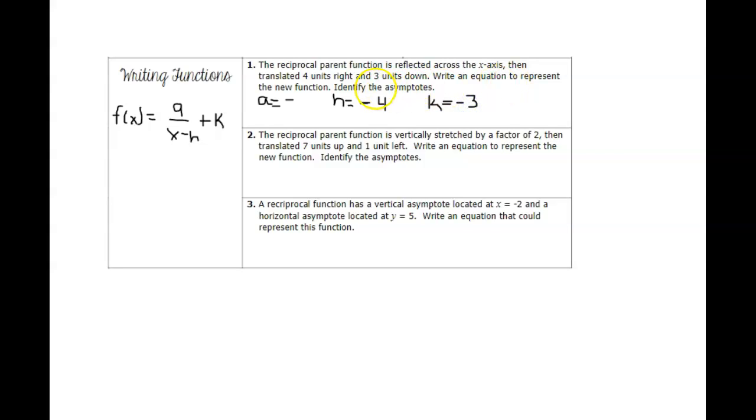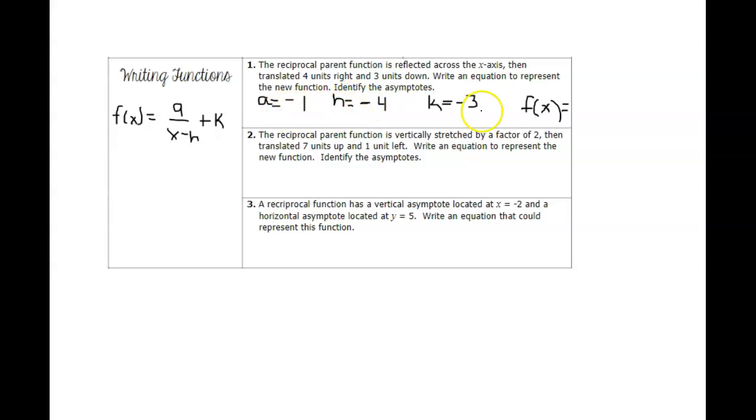Now I'm going to write an equation to represent the function, and then I need to identify the asymptotes. So I'm going to look at my standard form. I know f(x) has to equal a. A is negative, it's just negative 1 because we don't stretch or shrink the graph.